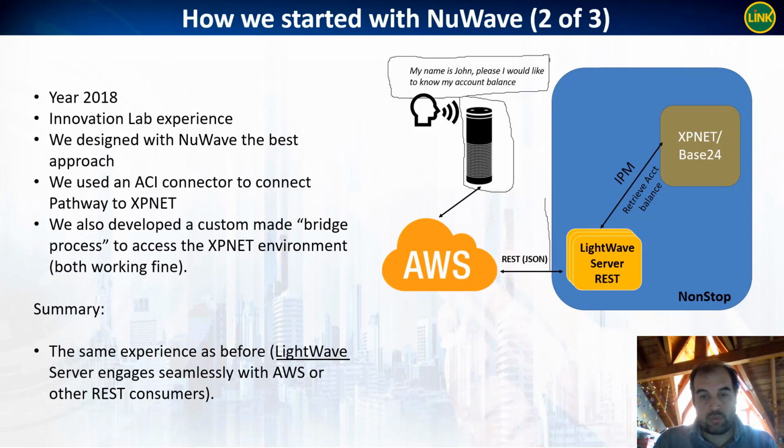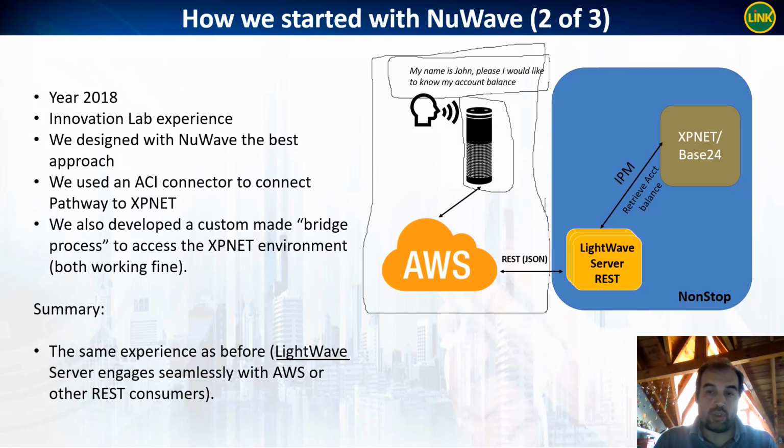On the left side, we didn't have any idea how to do that. But with the help of NuWave, we were able to do it. They sent us an explanation of how to integrate AWS with LightWave Server in a very easy way. Then we had the second challenge, which was how to integrate LightWave Server with XPNet. Those 2 middlewares needed to interchange information.